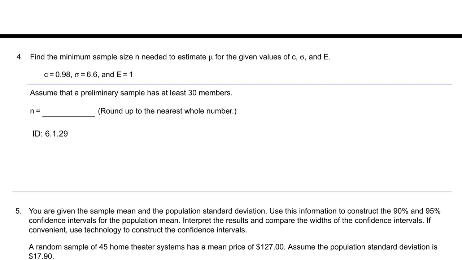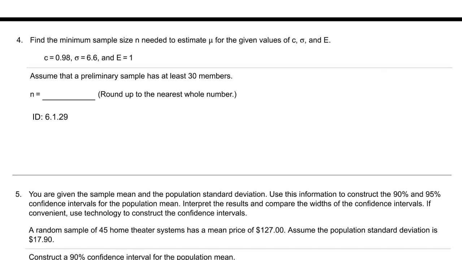Now problem 4 here. Find the minimum sample size needed to estimate mu for these given values. Okay, so we saw that this basically is just a calculation of n based on z critical, sigma, and e.